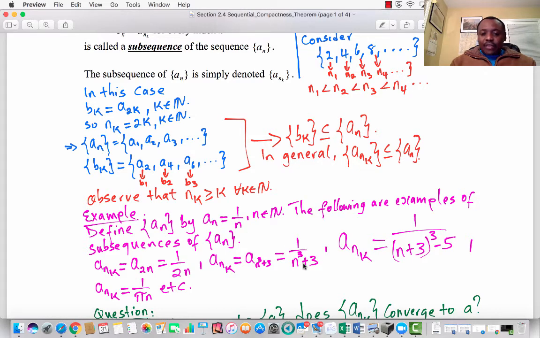Similarly, 1 over n cubed plus 3 is also a subsequence. As a matter of fact, I could define a_{n_k} to be 1 divided by pi times n. This is also a subsequence. So that is how we define a subsequence of a sequence a_n.